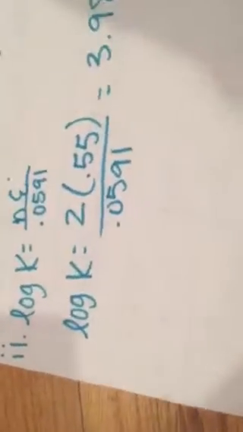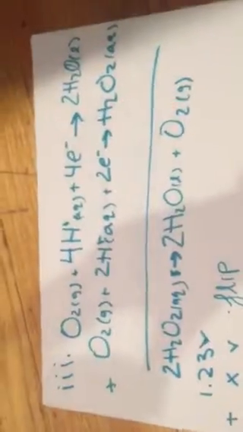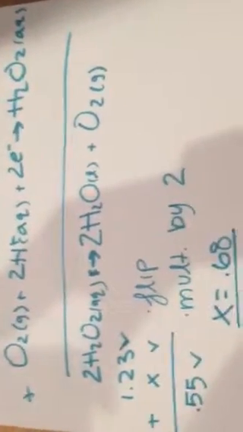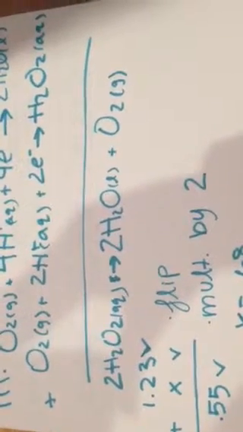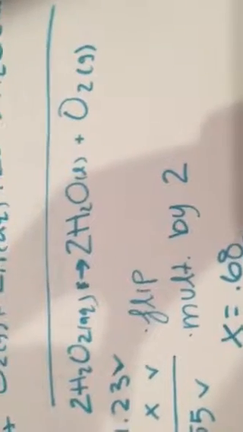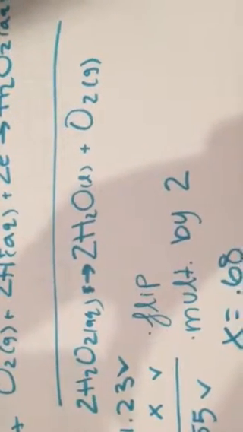So what we do for this, let me grab this paper. So this is the whole thing that we're going to do. So we're going to use the 2 half reactions that they gave us, and then we are going to change them around using the Hess's law idea to get this reaction here.